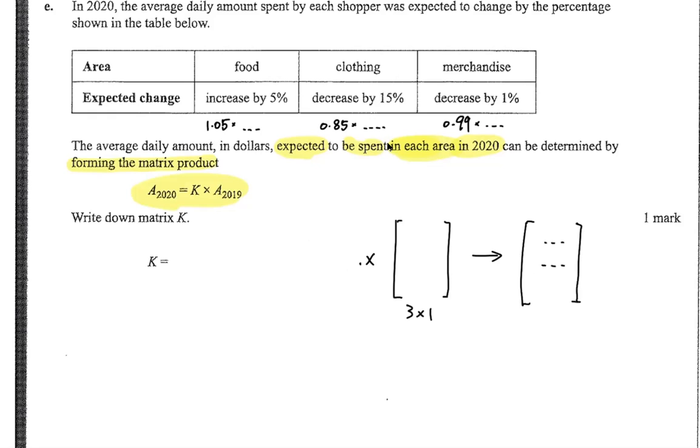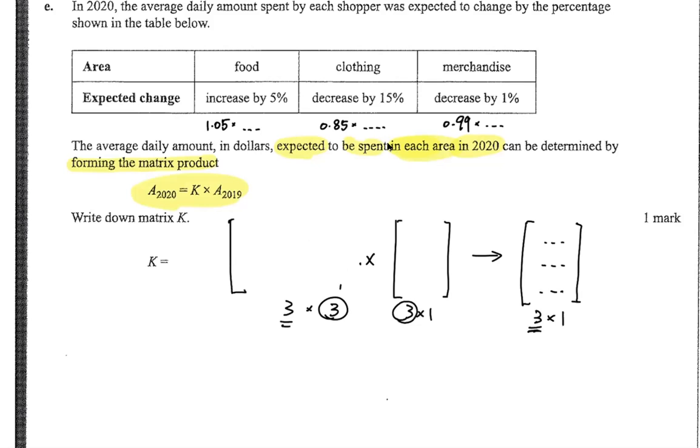Something here, something here, something here, which means our final matrix will still be a 3 by 1 matrix. That means I will guess there is a 3 here multiplied by something. Look at the first number here. This will be 3. This 3 matches with that 3.